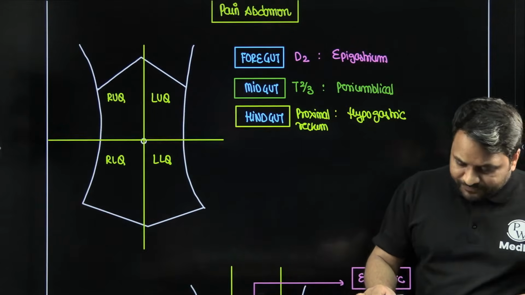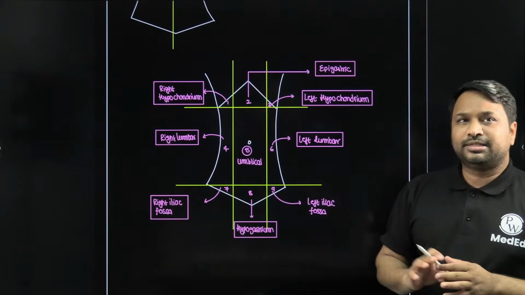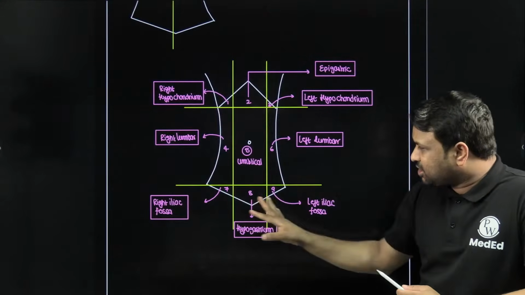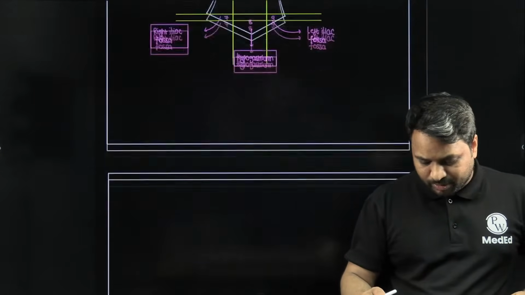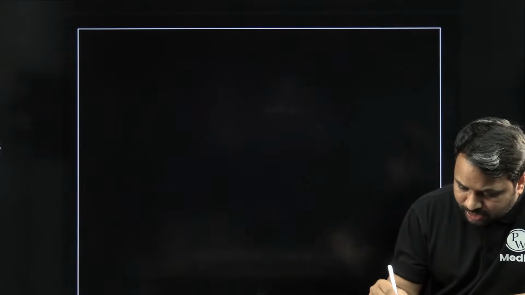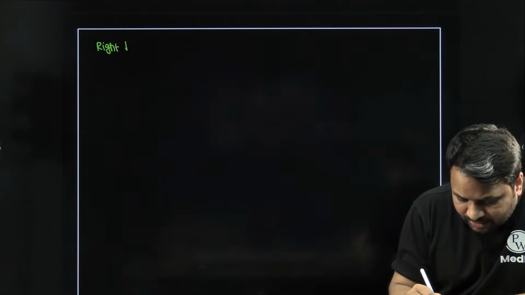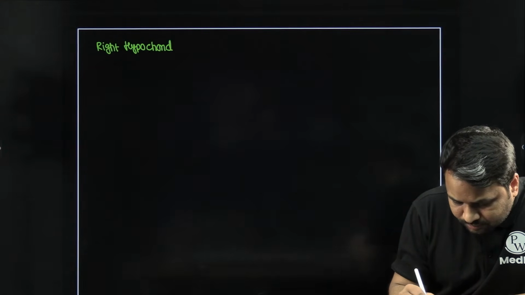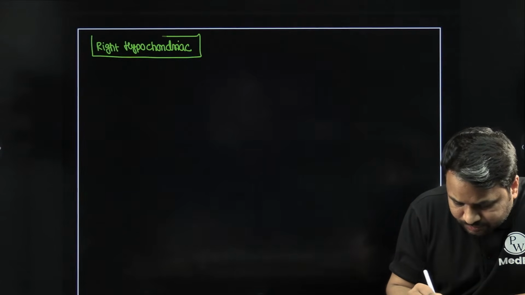Now, if I have to specifically tell you what the conditions are which are going to cause a painful abdomen in each individual side, this is going to be the most important slide that you have to remember. Now, what we'll do is we'll divide them into the right hypochondriac region.